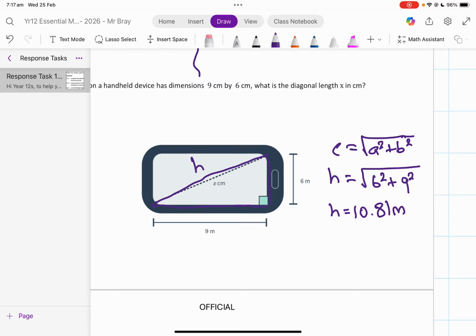If you read the question carefully, though, it asks for the answer in centimeters. So, multiplying that by 100. And I still had the unrounded version in the calculator, hence where I picked up the last 2 decimal points there. Cool.